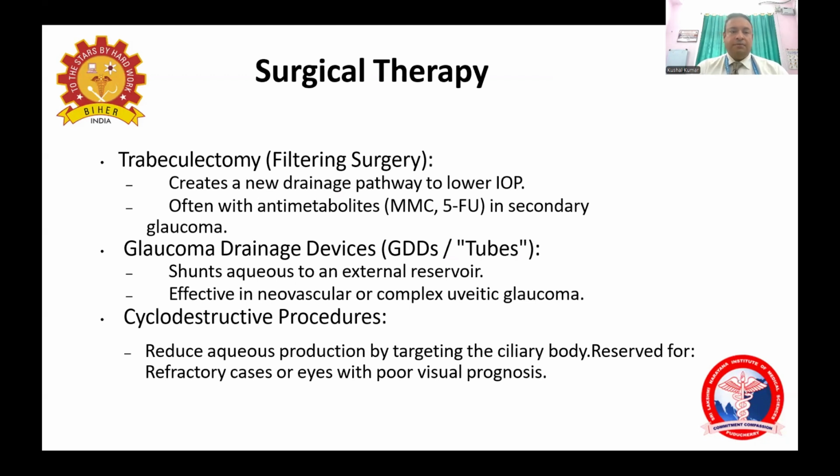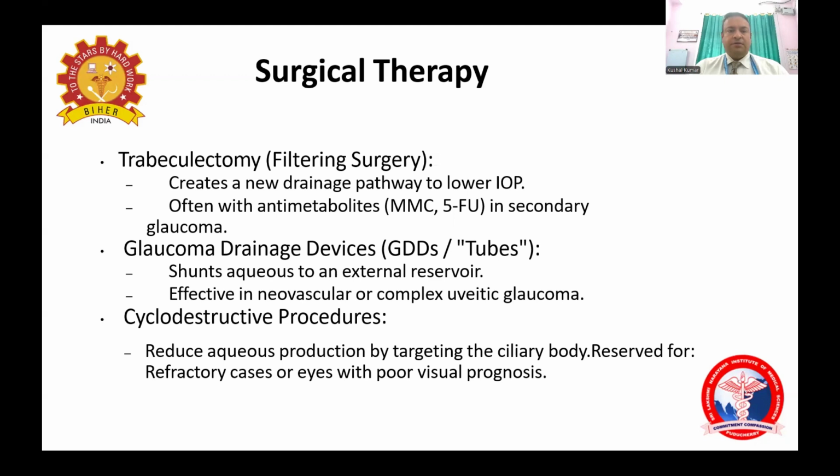Surgical therapy, the main line is trabeculectomy, which is a filtering surgery, and how it helps is that it creates a new drainage pathway to lower the intraocular pressure. It is often done in conjunction with the use of antimetabolites like mitomycin C and 5-fluorouracil in secondary glaucoma. One could also use glaucoma drainage devices, which shunt the aqueous to an external reservoir, and it is effective in neovascular or complex uveitic glaucoma.